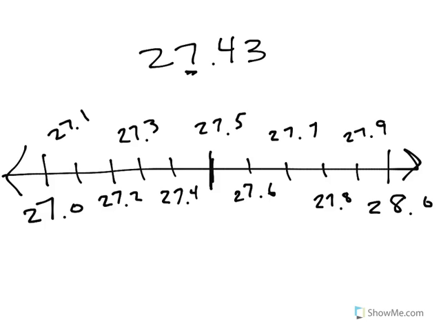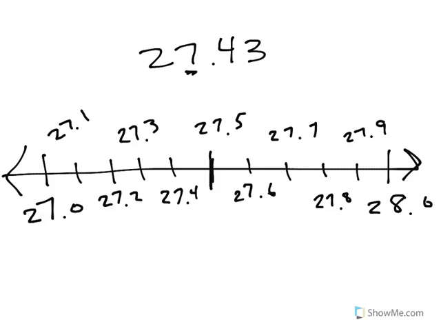So we're looking for 27 and 43 hundredths. This is an example of one that's not quite on a tick mark. Now you could put tick marks in between 4 tenths and 5 tenths, and some students want to do that, or you could just kind of figure out where it would be.